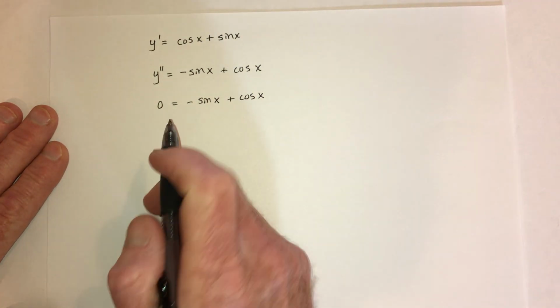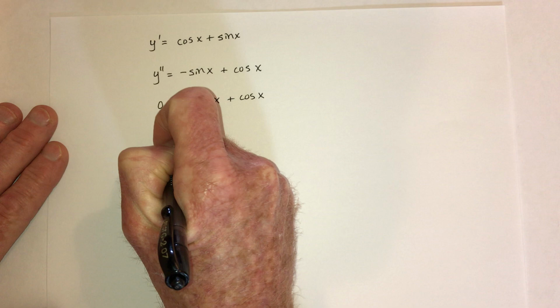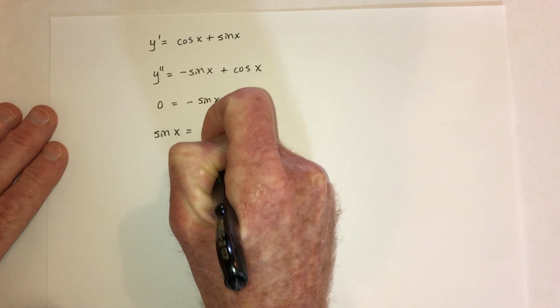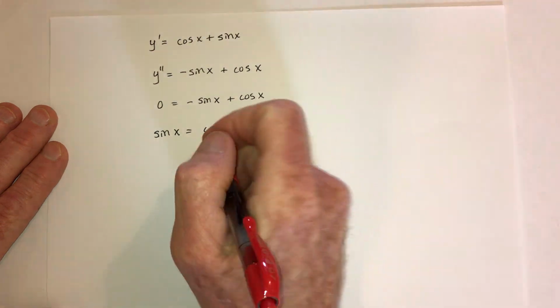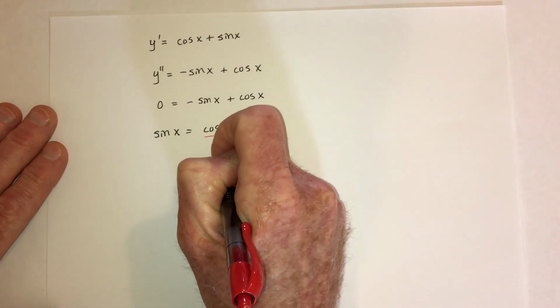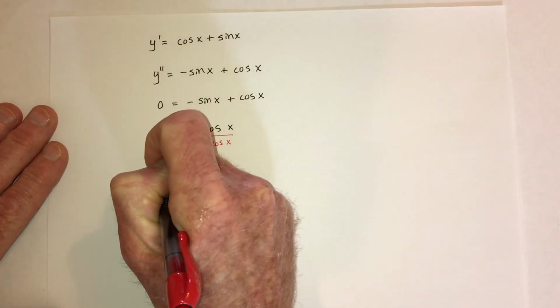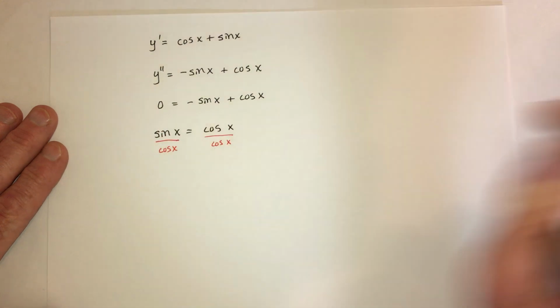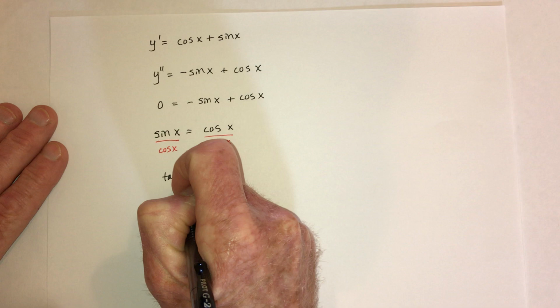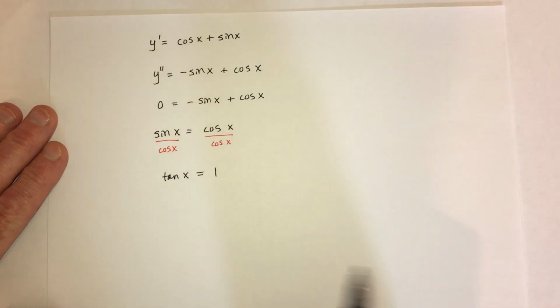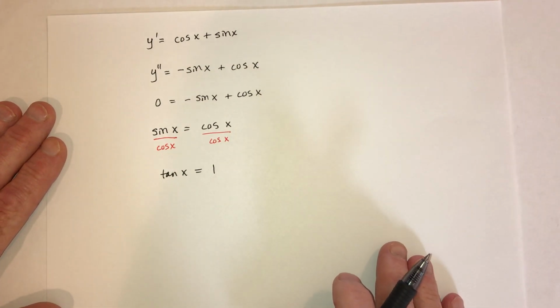Take this, move it to the other side. It'll actually become a positive sine x. And just like last time, divide both sides by cosine. So once again, we get tangent. This time it equals a positive 1 instead of a negative 1.